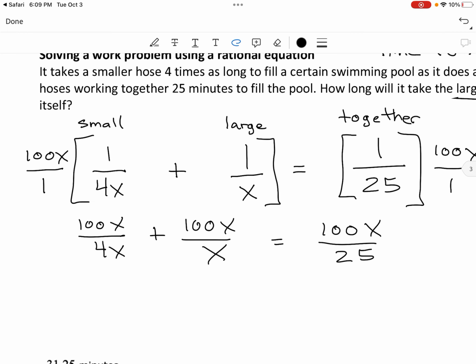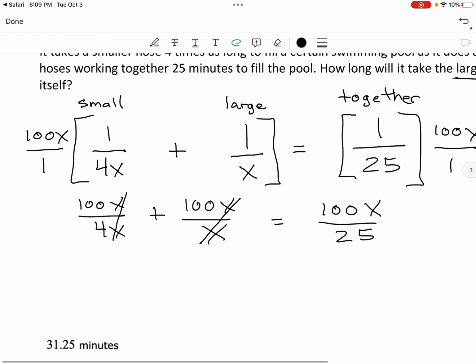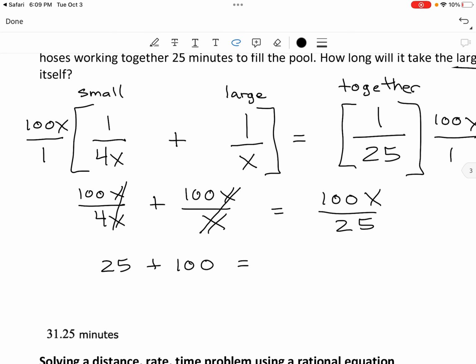Now the fun part. These x's slash out or divide. These slash out, divide. 100 over 4 is 25. Plus 100. And then over here, we've got still an x, but we've got the 100 divided by 25, which is 4. And so now we start adding things up.